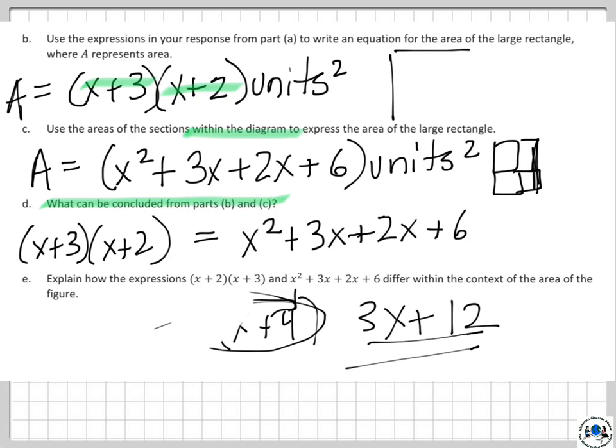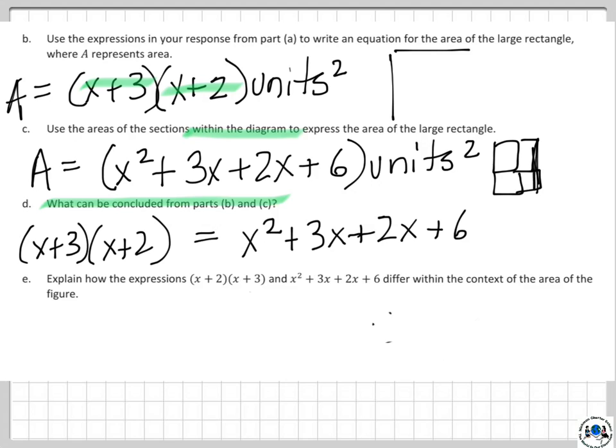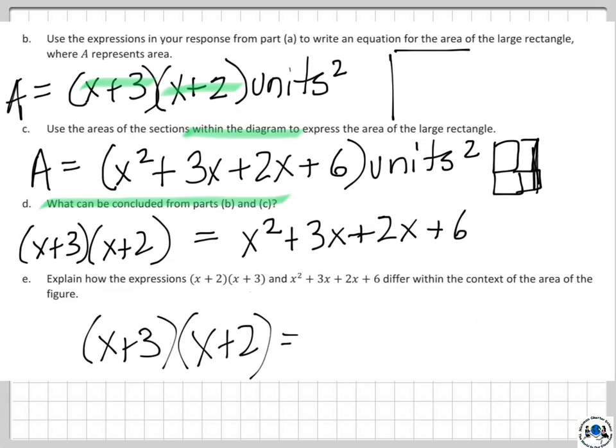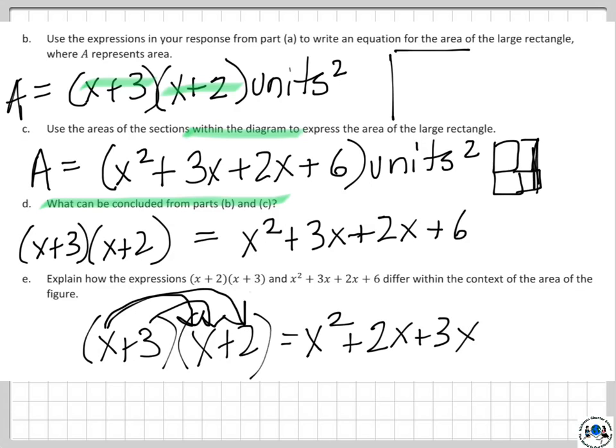You can distribute with these two expressions as well. So if we had x plus 3 times x plus 2, we'll just distribute the x first. x times x is x squared, plus x times 2 is 2x. Now let's work with the 3. 3 times x is 3x, and 3 times 2 is 6.